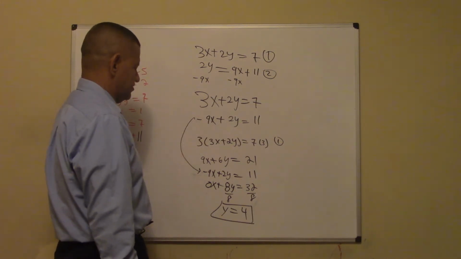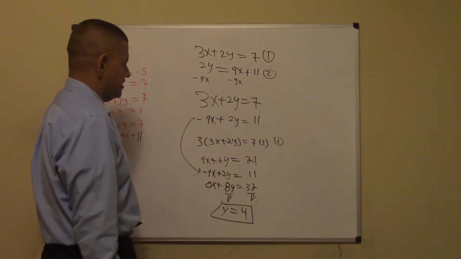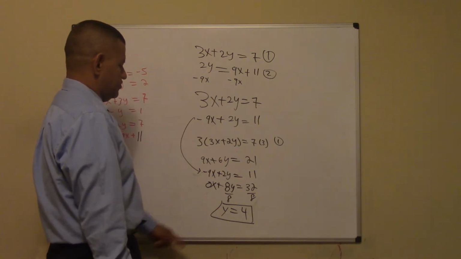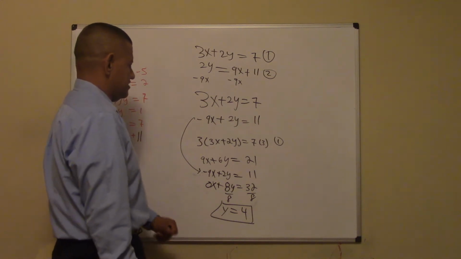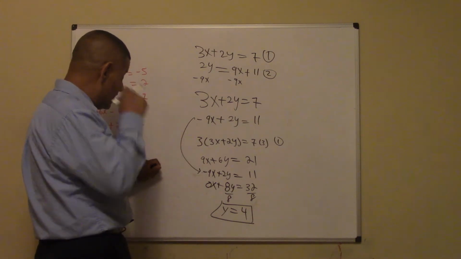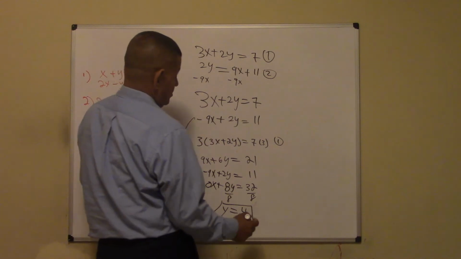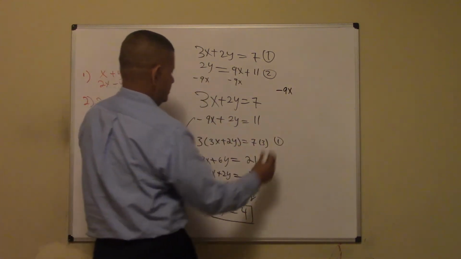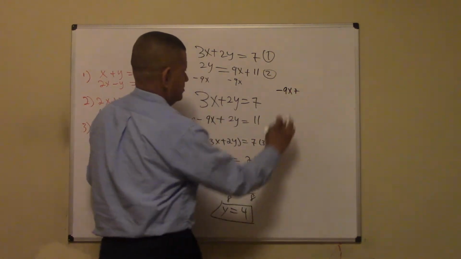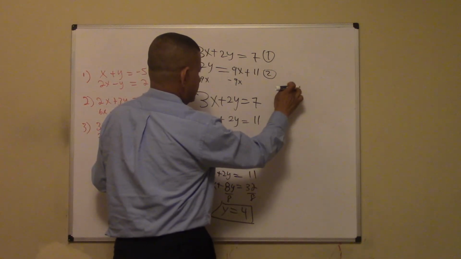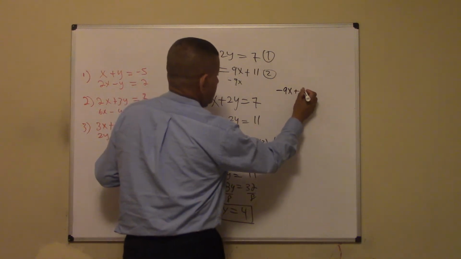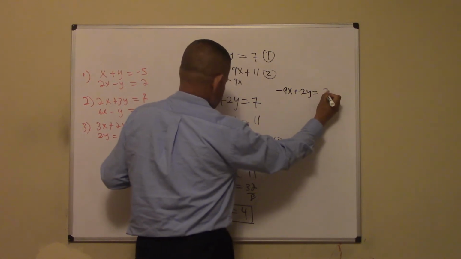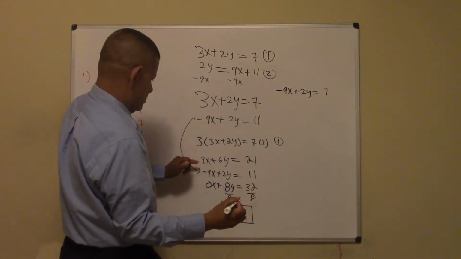Let's use number 2 to find the value of x. So negative 9x plus 2y is equal to 11.